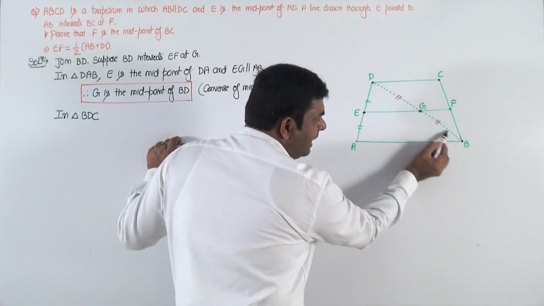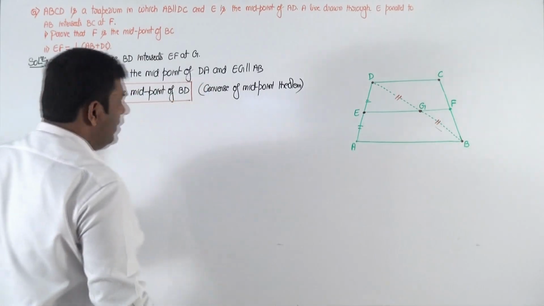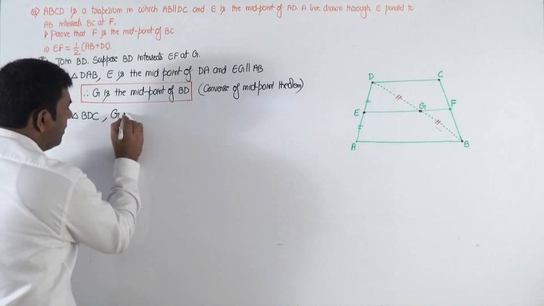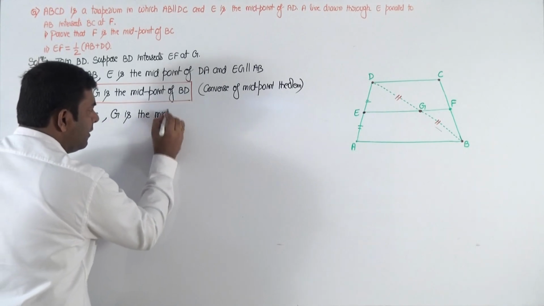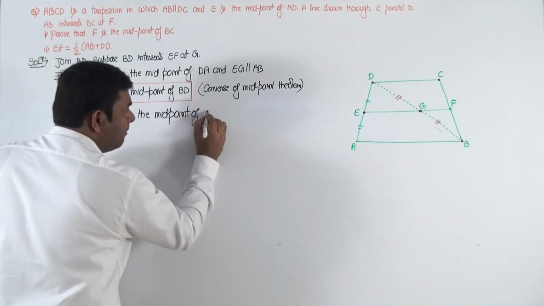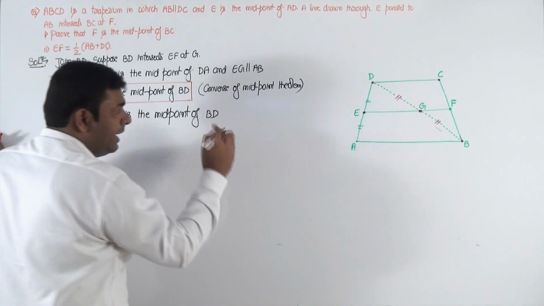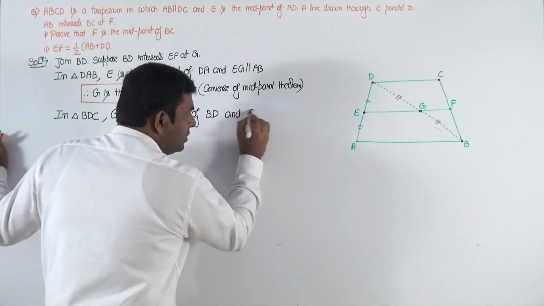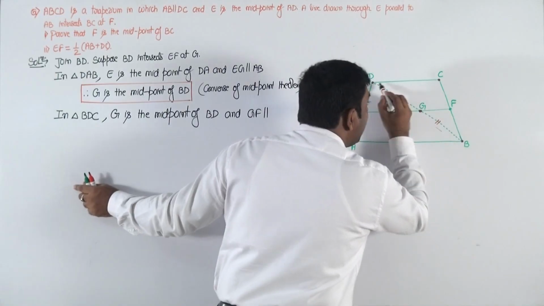In triangle BDC, in this triangle G is the midpoint of BD, and GF is parallel to DC.